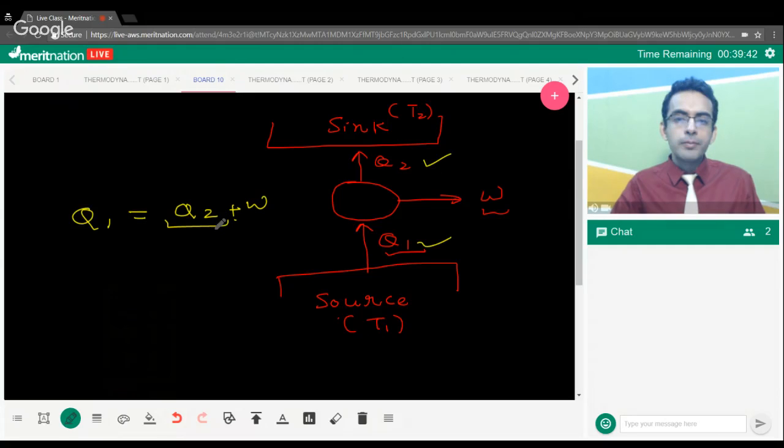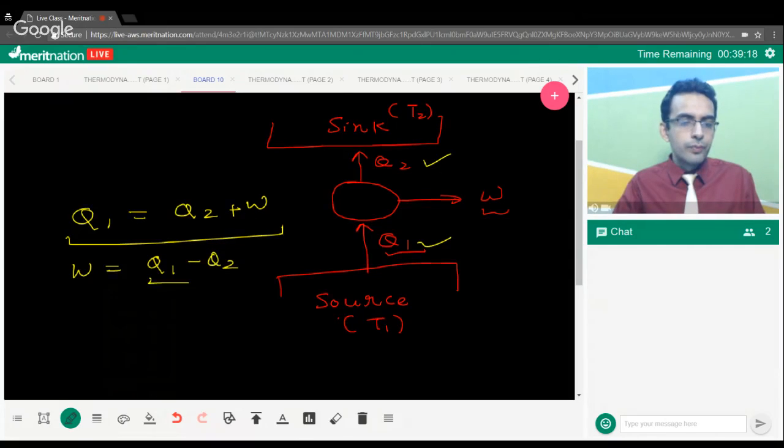Very easily we can say, because Q1 energy is coming from the source, Q2 is going to the sink, and W is the amount of work. So now if you have to find the work, work is Q1 minus Q2, okay?